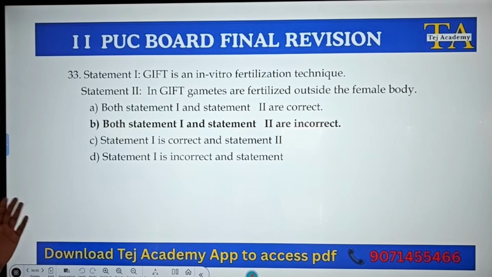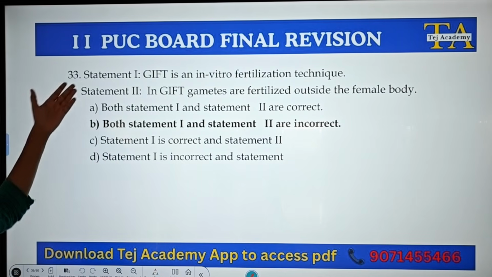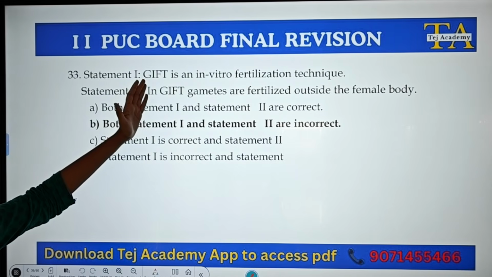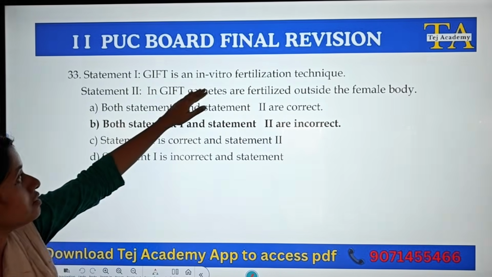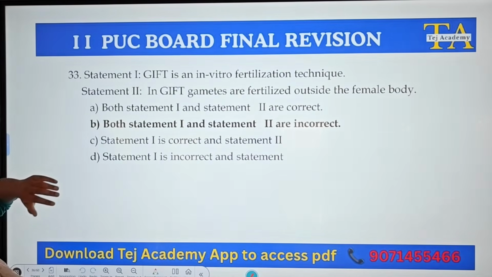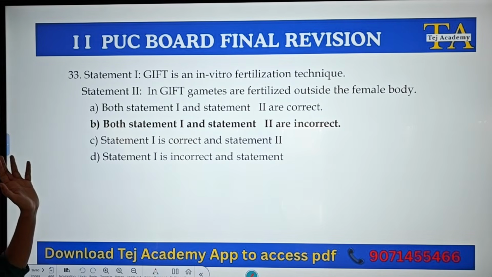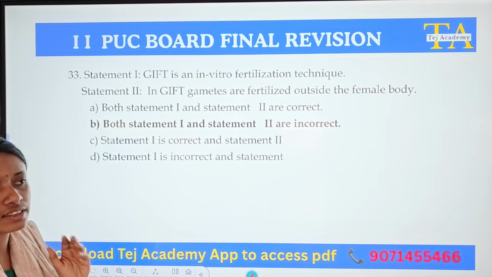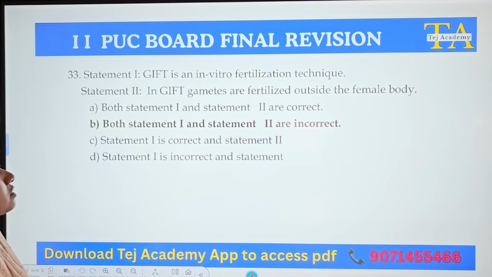So here again the statement type question. Statement 1 is GIFT, or gamete intrafallopian tube transfer, is an in vitro fertilization technique. That is a wrong statement. It is not an in vitro fertilization technique, but it is an ART technique, that is assisted reproductive technique.